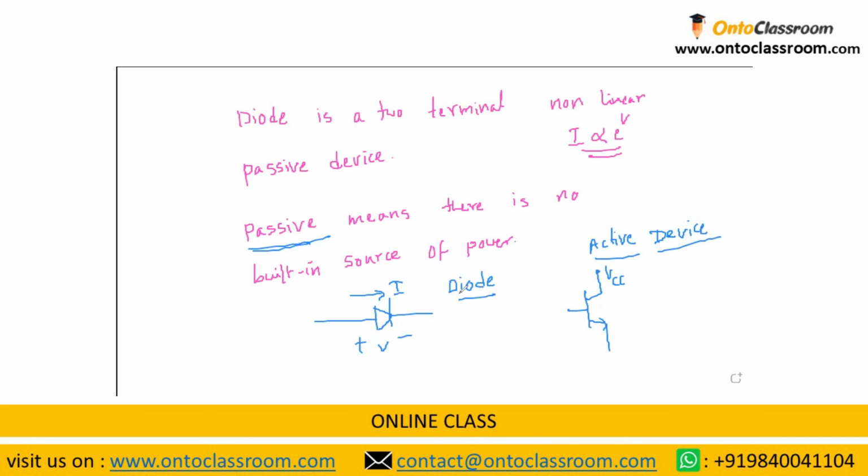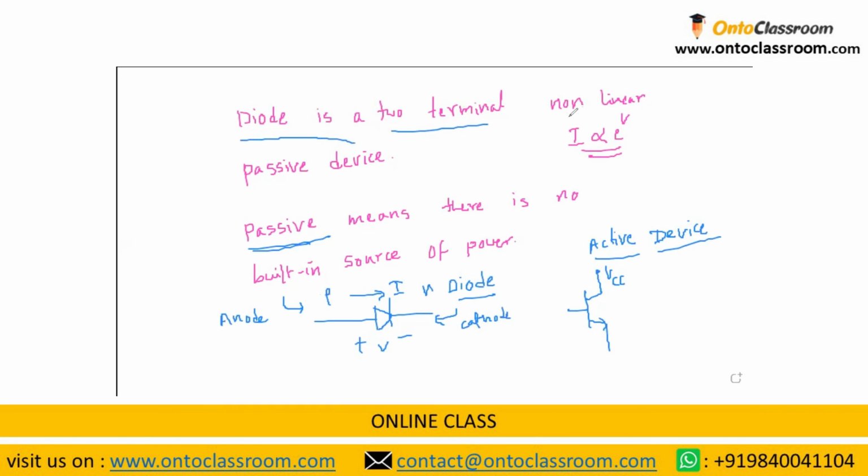Upon explaining everything about the diode, I just want to conclude by saying that diode is a two-terminal device. It has a P side and an N side. The P side is also called the anode terminal, and the N side is also called the cathode terminal.